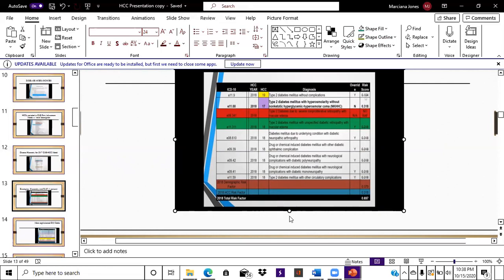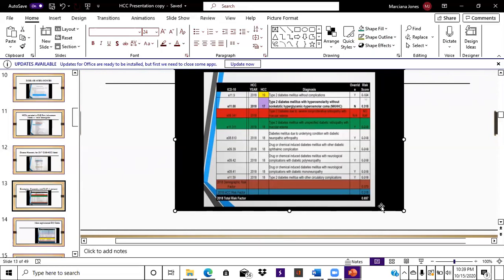You see at the bottom the first 2018 demographic risk score of 0.379, then the second one of 0.318, and then the total risk factor for the year of 0.697. Override means there's a score that's higher in the same category, so they're not going to get credit for that score.